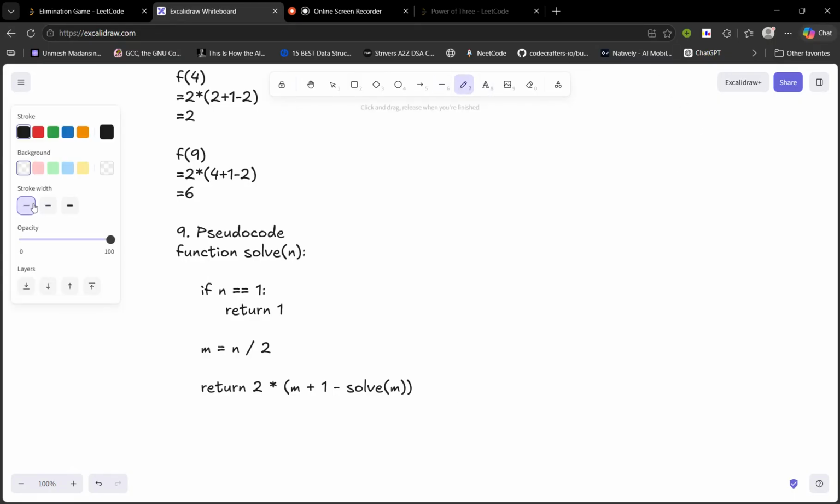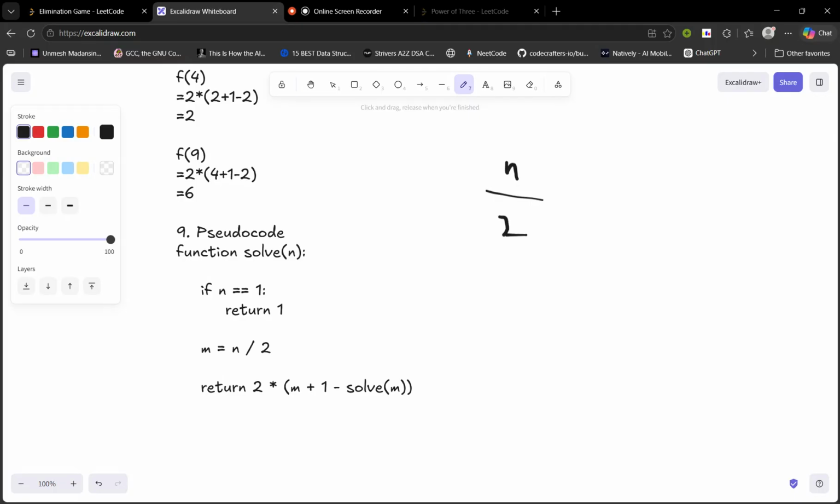Let us see the time complexity. Again, we are reducing our n by 2 for each step. So we ideally go till the point where only one element remains.